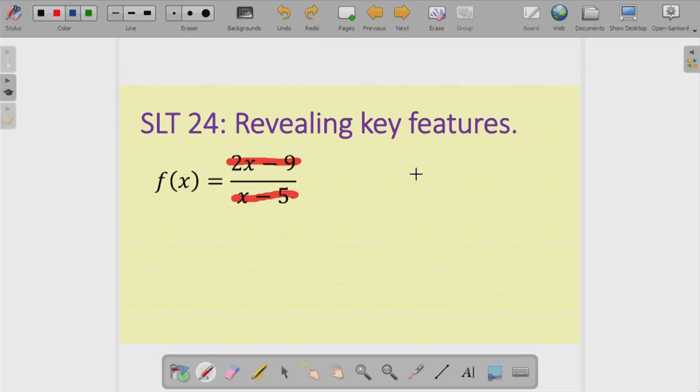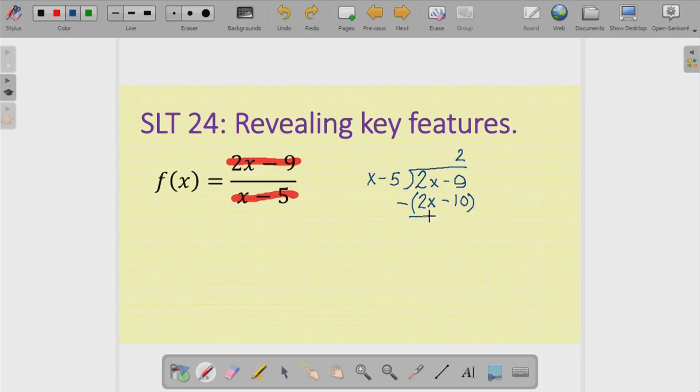I'm going to choose to do 2x minus 9 divided by x minus 5 using long division. Though, we also have been reacquainted with some other techniques that include the box method or partial quotients. So choose your method. We should all get the same answer in the end. x into 2x goes 2 times. Multiplying that out gives us 2x minus 10.